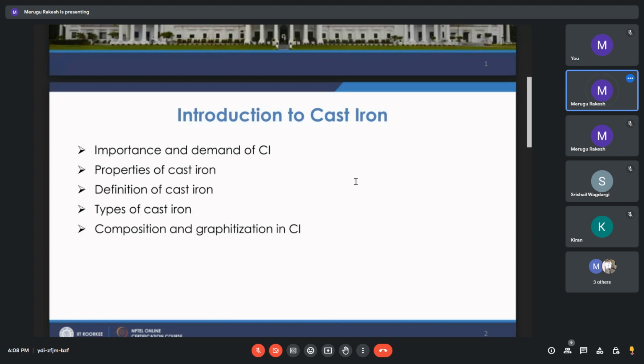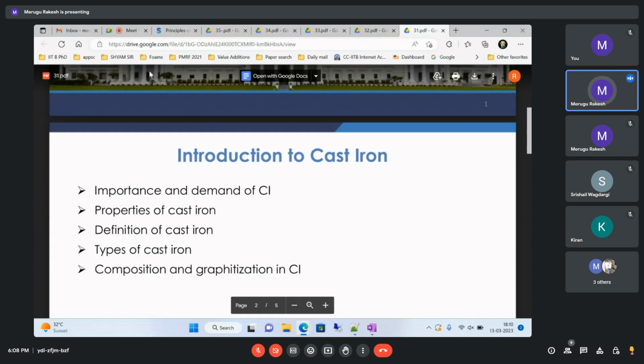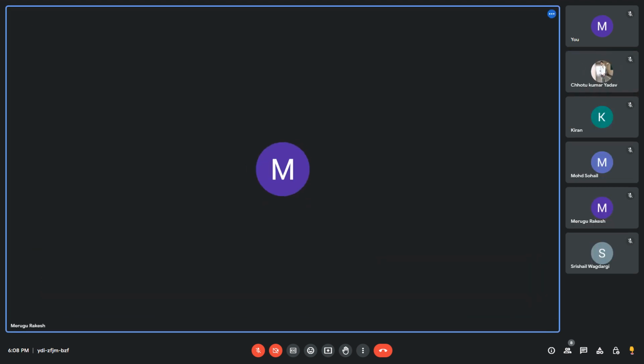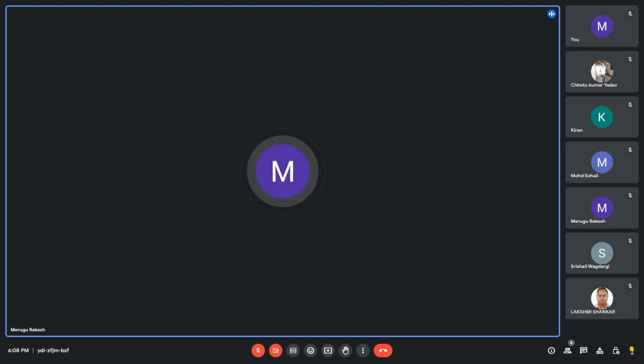I hope everyone is familiar with this iron carbide diagram.